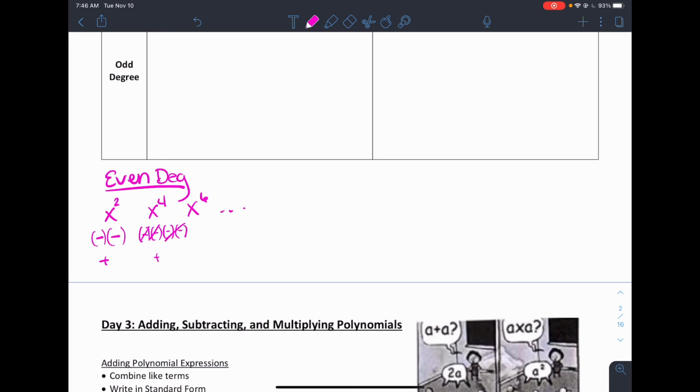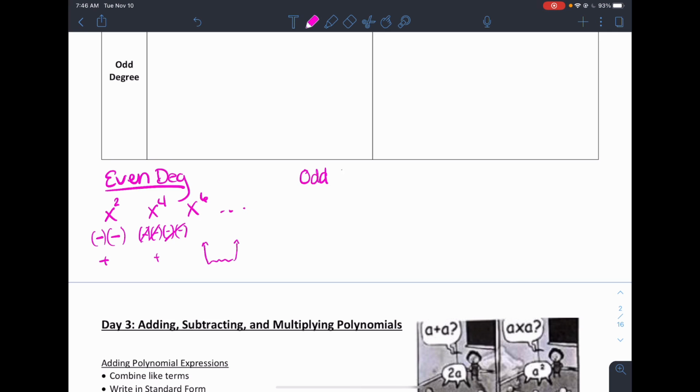Same thing with x to the sixth. With any even exponent, the negatives cancel out. So I like to think of it like that: my arrows will be on the same side. They'll be even, always positive. And then it flips upside down if it has a negative leading coefficient, or a negative a value. We might remember that from when we talked about the concavity of a parabola.